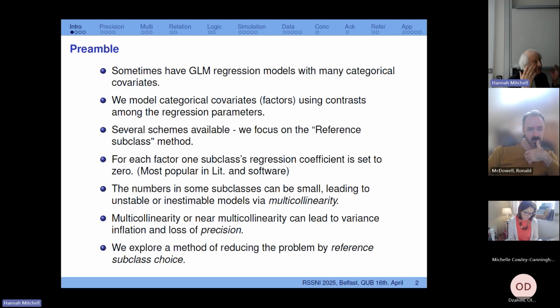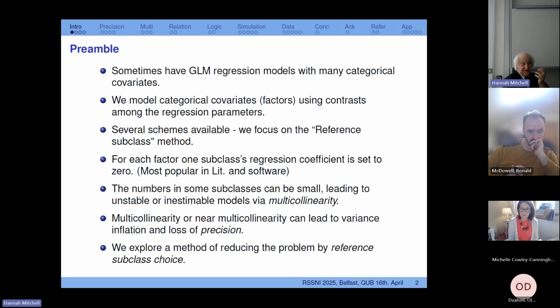And there, for each categorical factor, you drop the column associated with the reference subclass, and that has the effect of setting the coefficient according to that subclass equal to 0. But if you do that, if you pick a reference subclass where the numbers are small, that can lead to difficulties.